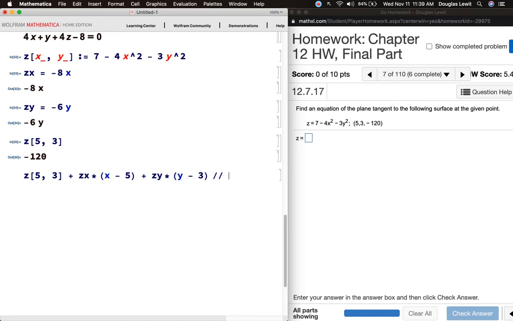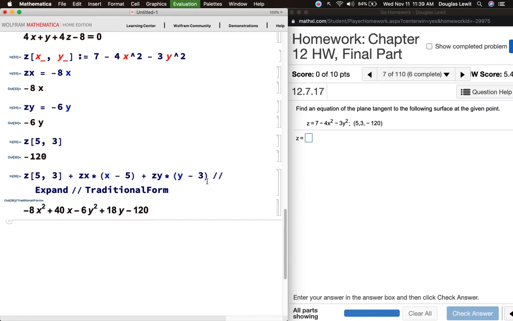Okay, so we'll expand it. Traditional form. Okay, hold on.